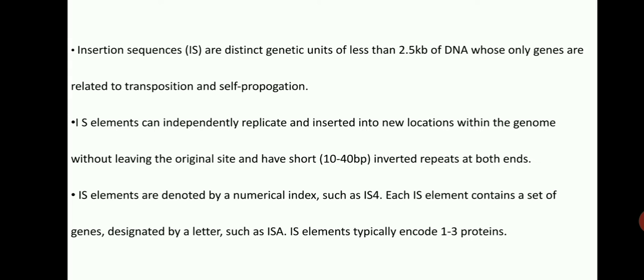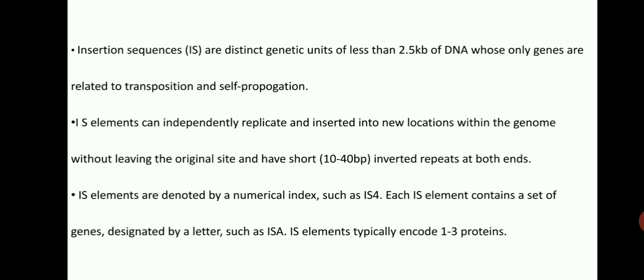There are many IS elements in bacteria which differ in their nucleotide sequence, but all such elements have some common features in their structure. The first important characteristic of an IS element is the presence of 19 to 41 or 10 to 40 base pair repeats, as we have just discussed.